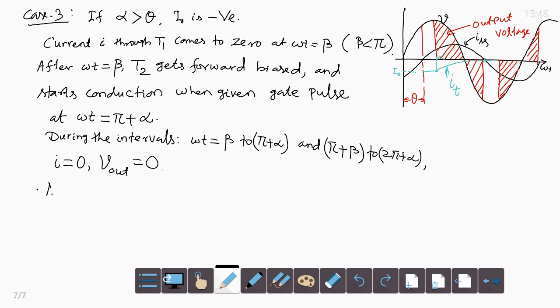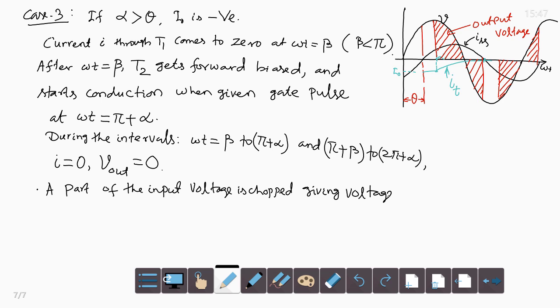So, what do you see? A part of the input voltage is chopped giving voltage control, when alpha is greater than theta.